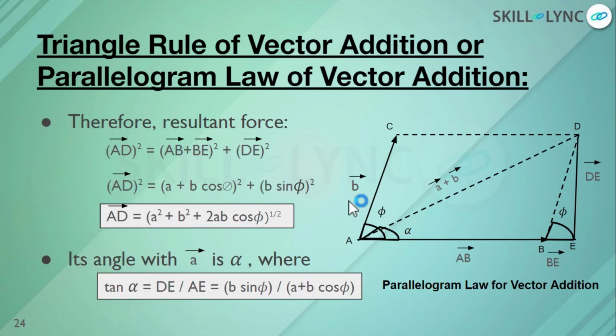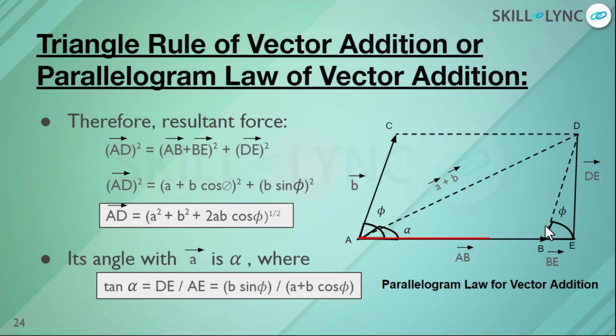To know the resultant force acting on object A, we need a formula. Thus, the resultant force is represented as vector AD squared equals (vector A plus vector B) whole squared plus vector DE squared. Let's see where this is in the figure. Vector AD, the diagonal, represents the resultant force.